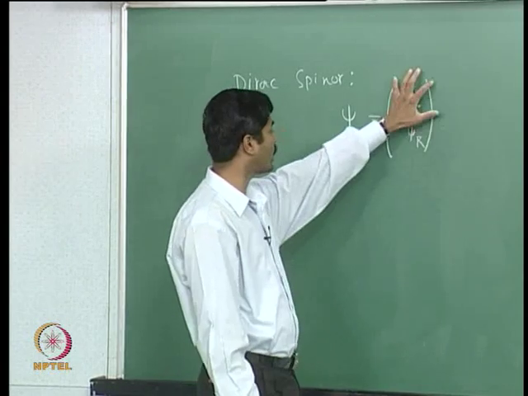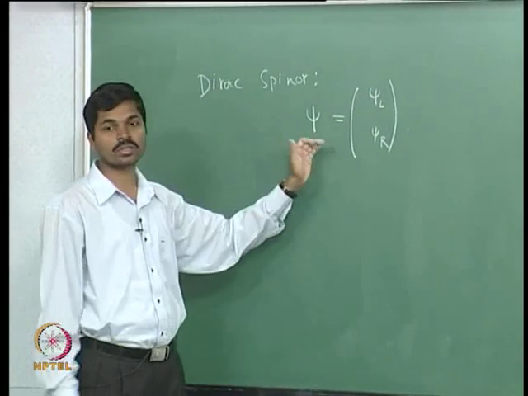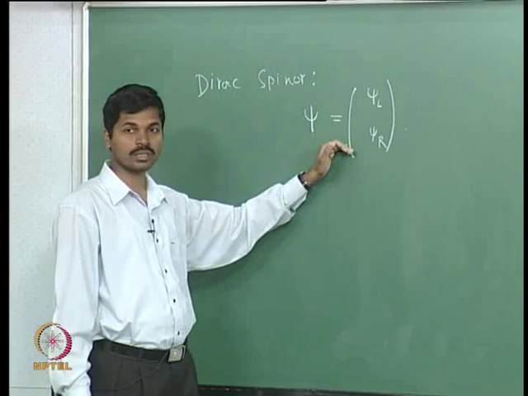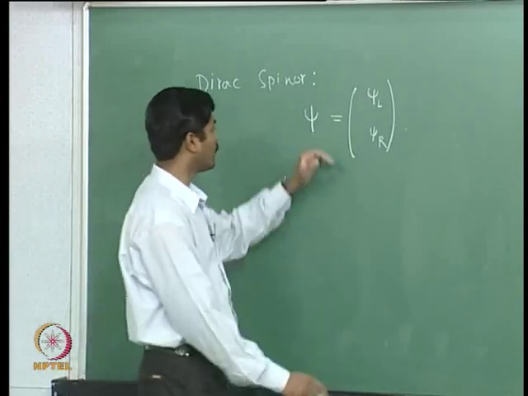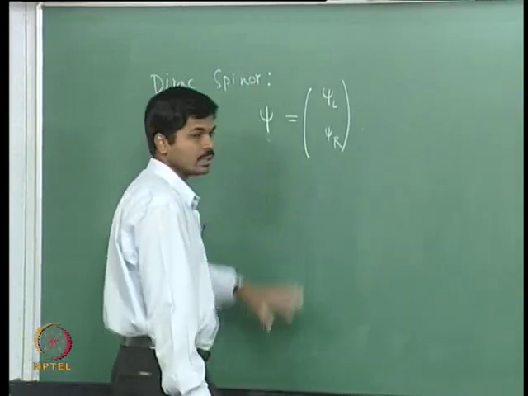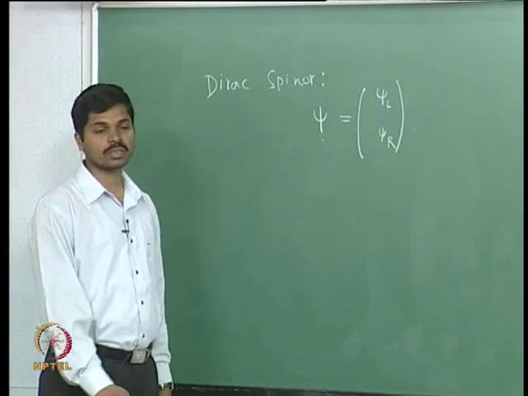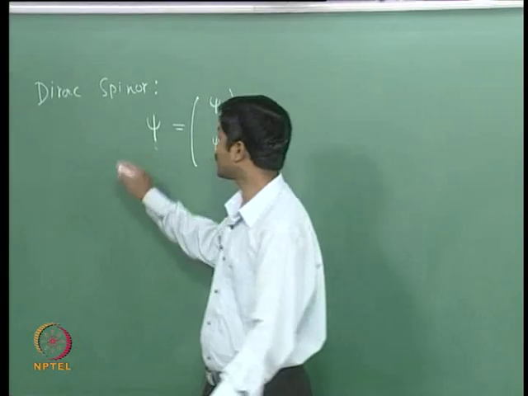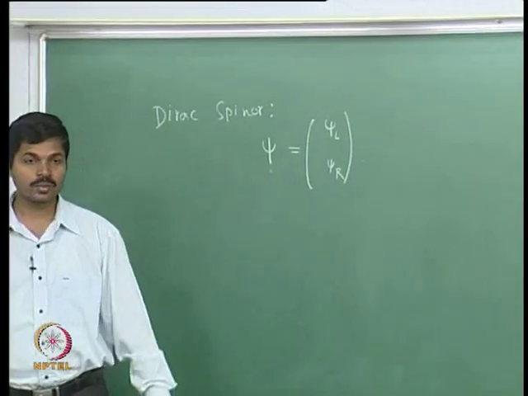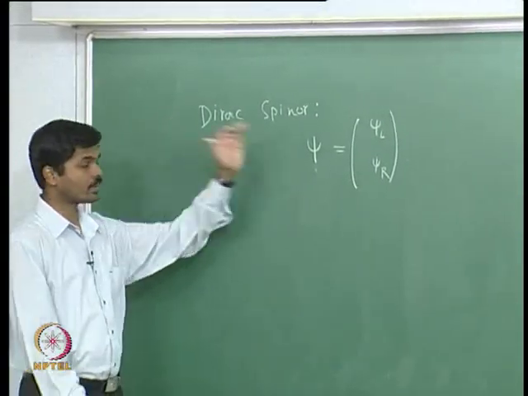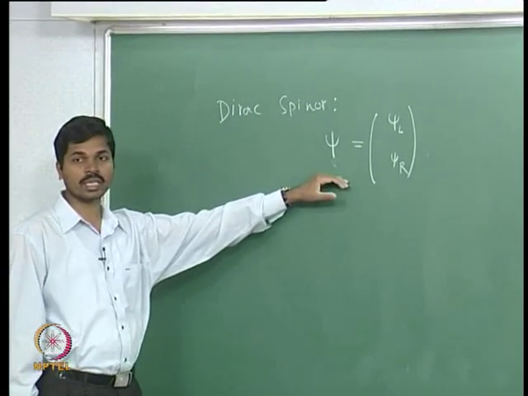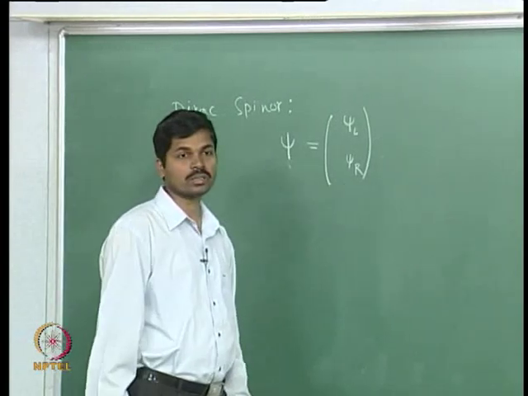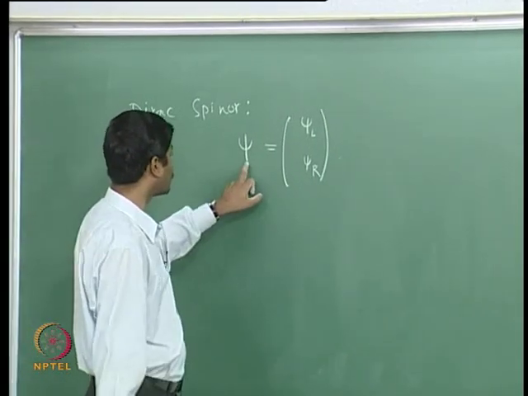Therefore, it is not so hard to write down the transformation rule for the Dirac spinor. Then we will ask, given this Dirac spinor, can we write down a Lorentz invariant action involving it which gives us physically meaningful solutions? That is the question that we would like to ask.